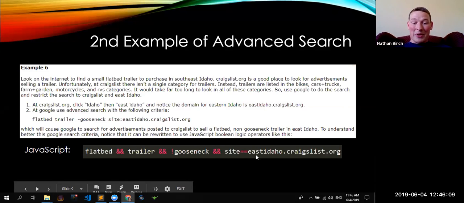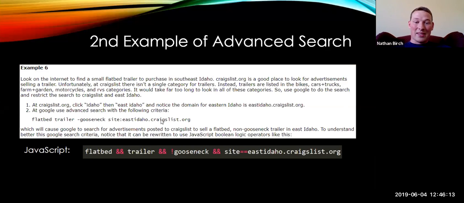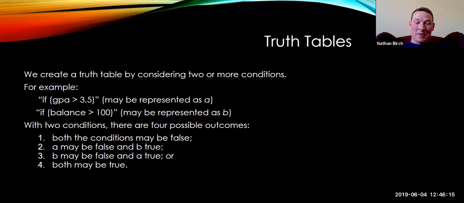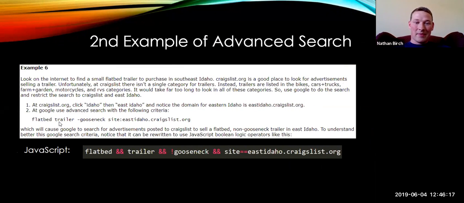Now, I wouldn't be able to type into Google this, but Google would handle this exactly the same as this JavaScript, requiring the words flatbed, trailer, not gooseneck, and from the site eastidaho.craigslist.org. So, any questions about this example?